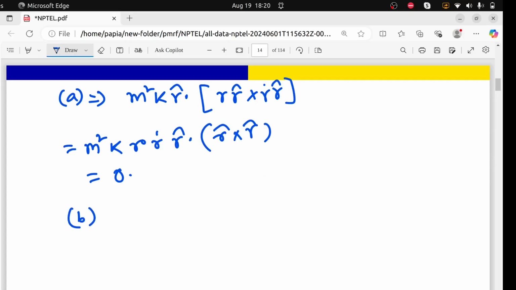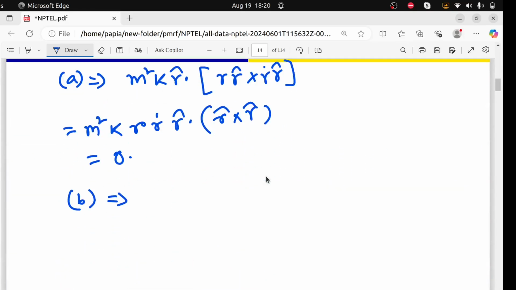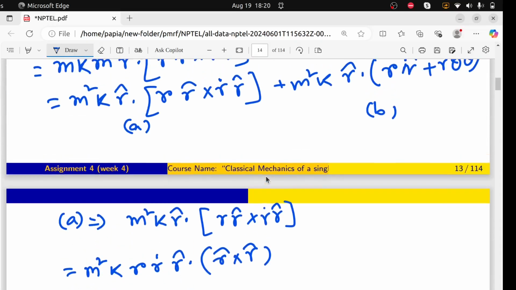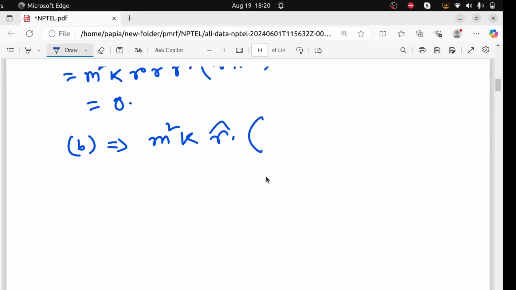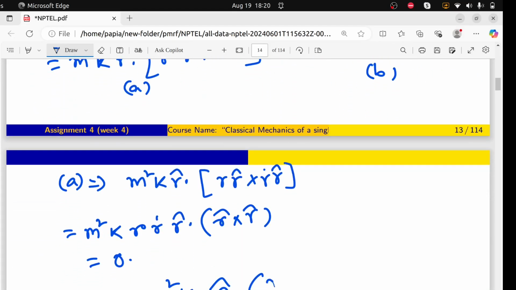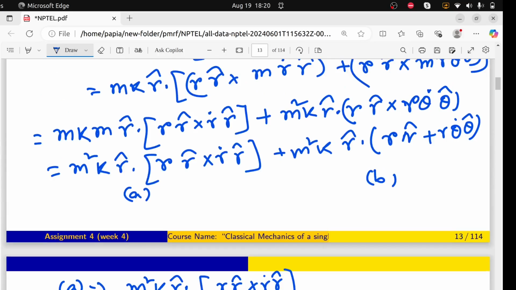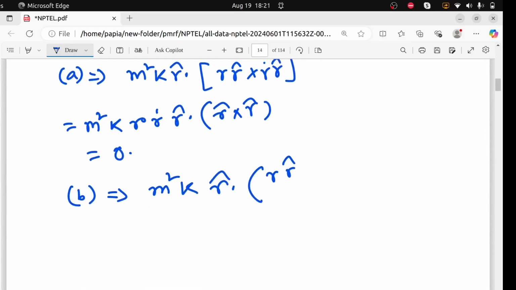Now coming to the B. B is m square k r cap dot r cap, this is cross r cap cross r theta dot theta cap.